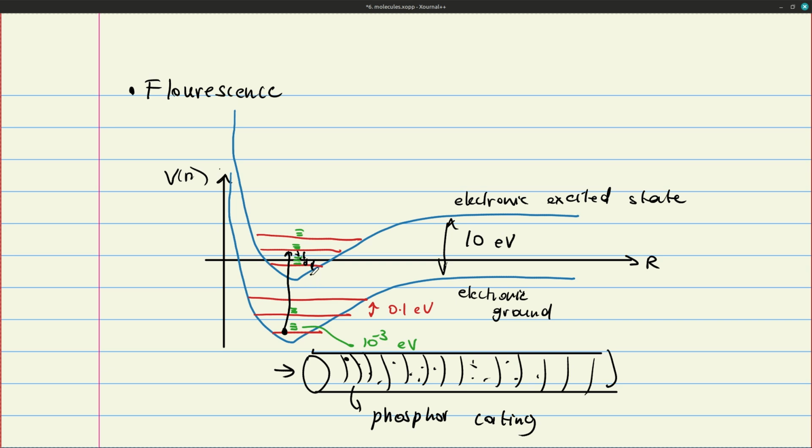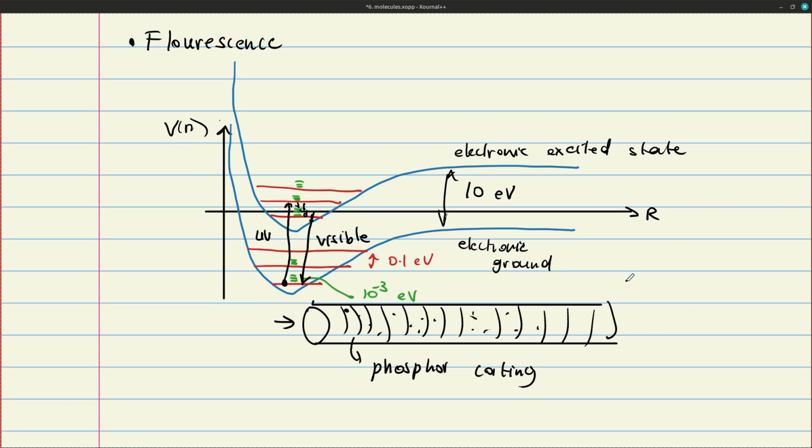It doesn't want to stay in that higher excited state. So you send it UV, which is not visible, from this mercury-argon mixture. It slowly rolls down all these levels and eventually goes to the ground state like this, and this is the visible light. And that's what we call fluorescence.